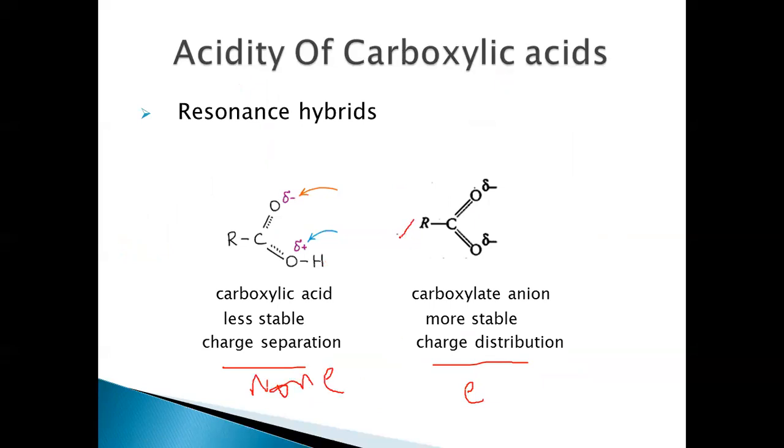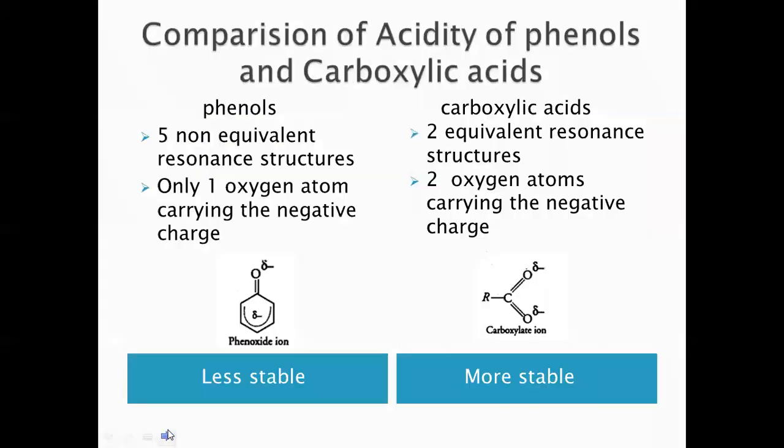As such, the carboxylate anion is more stable than carboxylic acid, so the equilibrium is shifting towards the right side, so it can donate the protons easily. The acid can donate the protons easily, so the carboxylate ion is formed easily here. So carboxylic acid acts as an acid.